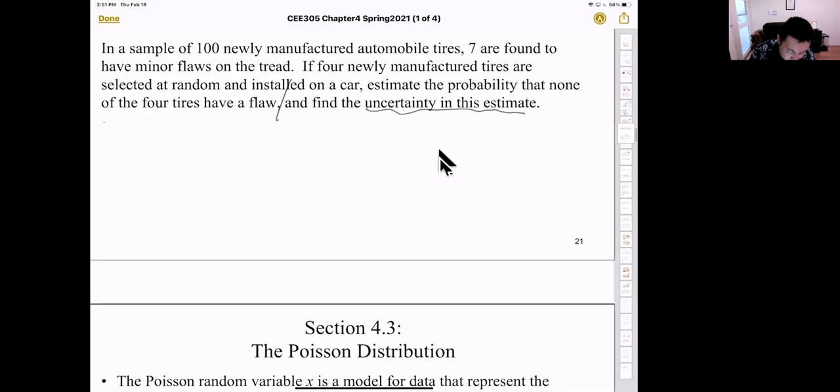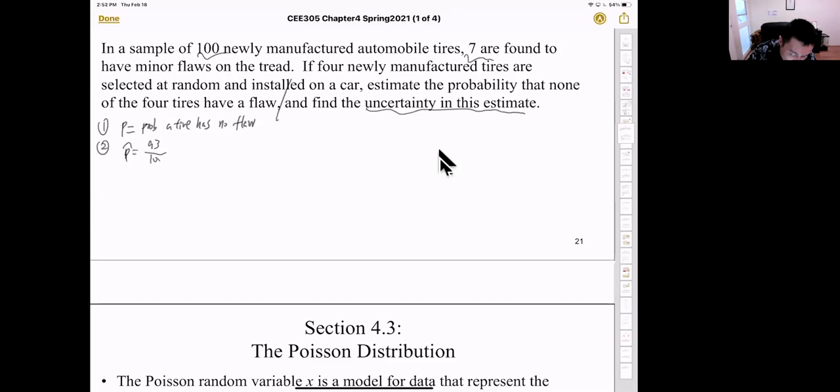First step, let's define P as the probability that a tire has no flaw. Based on the question, the sample proportion: out of the 100 tires, 7 of them are flawed. So the proportion with no flaw will be 97, that is 100 minus 7.